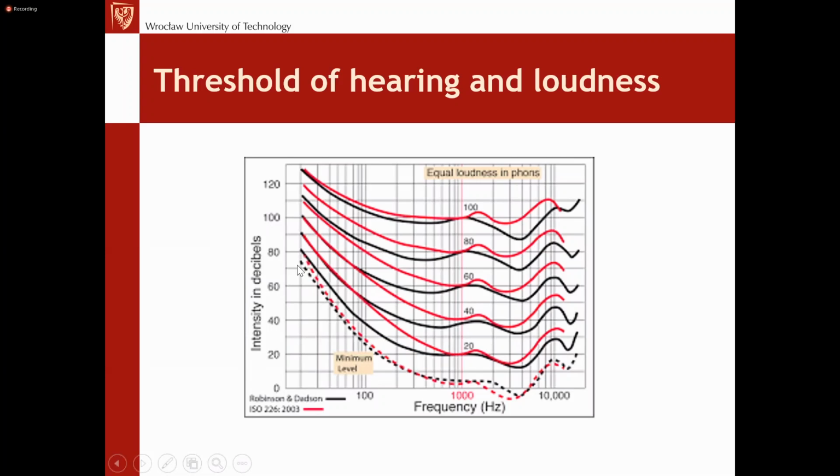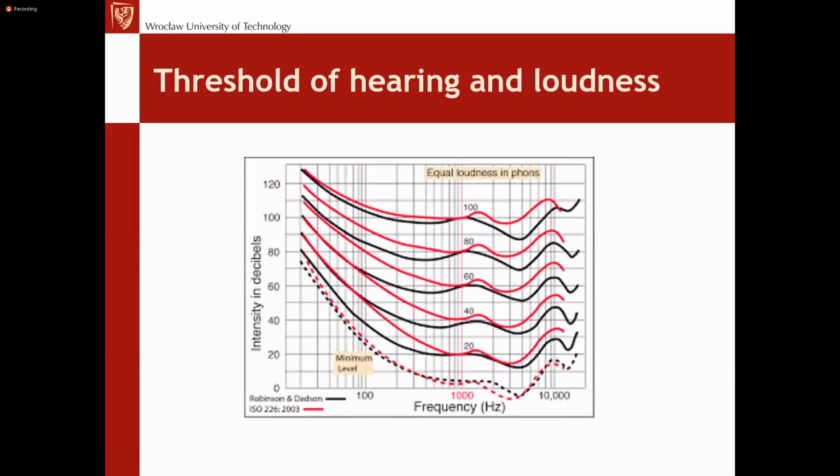So our interest right now will be this curve presented in this dashed line. This is the minimum level which causes some auditory sensation. And as you might have guessed, this minimum level is different for each frequency.